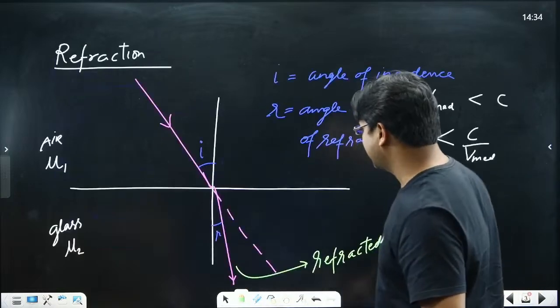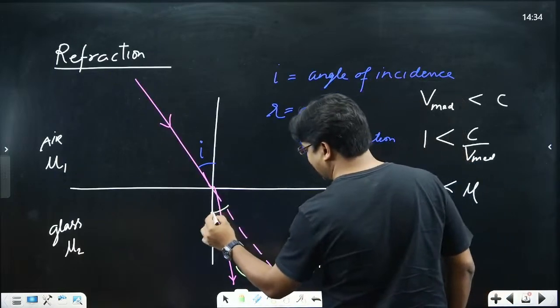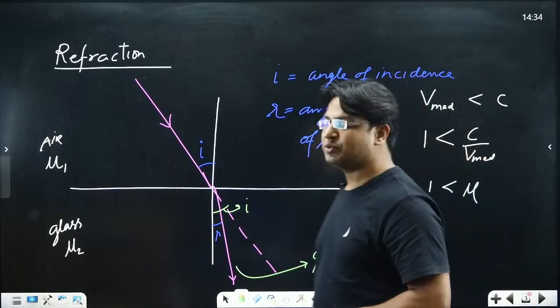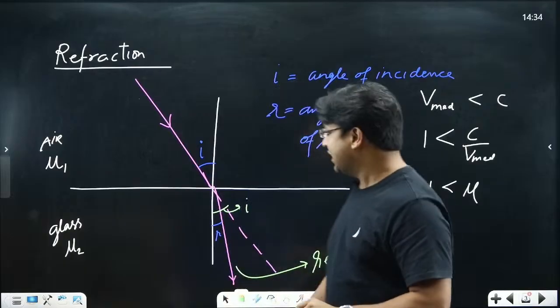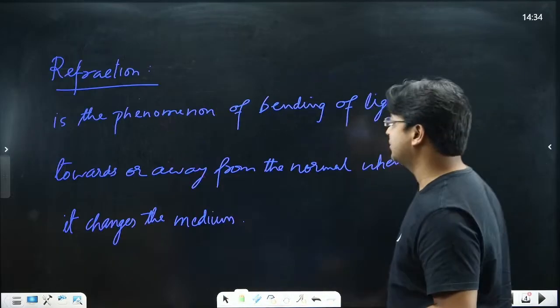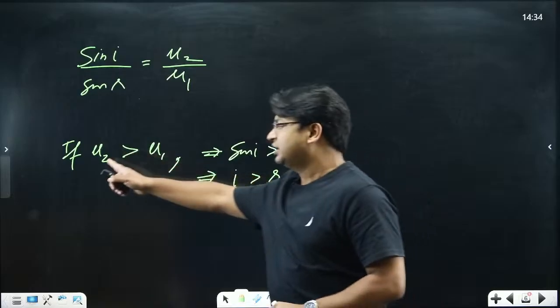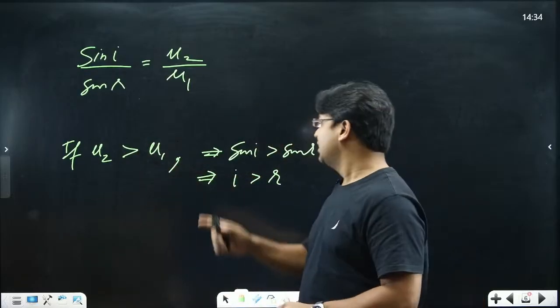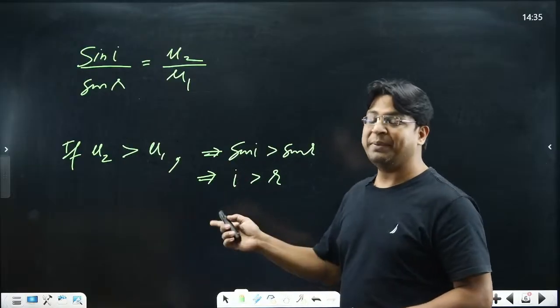See, in this figure, you notice that this entire angle would be called I, and the angle R that we are getting is supposed to be smaller than I, and therefore we can say that the ray bends towards the normal. So when the refractive index of the second medium is greater than the refractive index of the first medium, then the ray bends towards the normal.